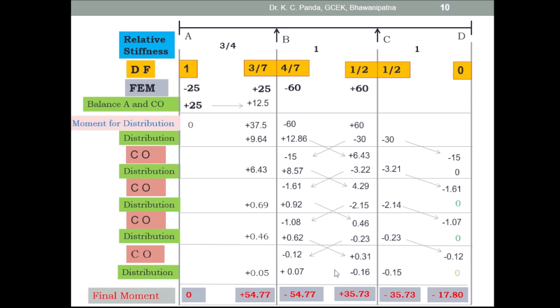And MDC is equal to minus 17.80. So here the final moments are: MAB is equal to 0, MBA is equal to 54.77, MBC is equal to minus 54.77, MCB is equal to 35.73, MCD is equal to minus 35.73, and MDC is equal to minus 17.80.